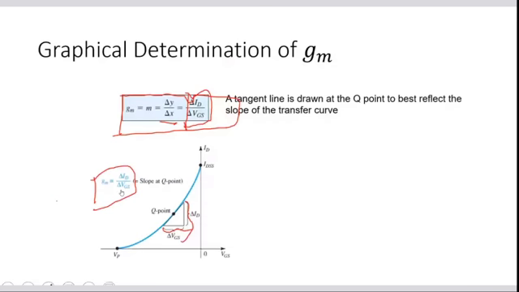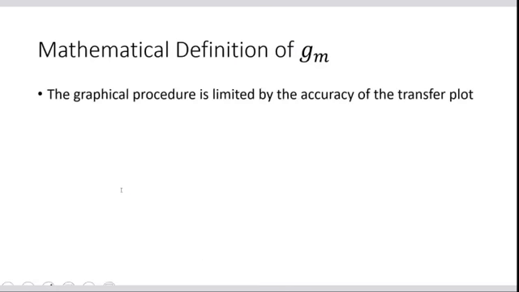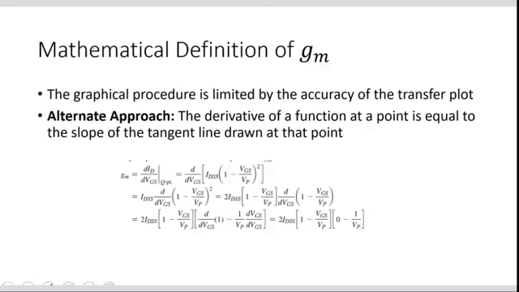Directly take Shockley's equation, ID is equal to IDSS into 1 minus VGS by VP the whole square, and differentiate it with respect to VGS. These are the differentiation steps. I just took them directly from the book because it is very clear here.